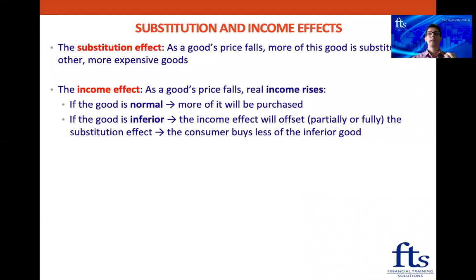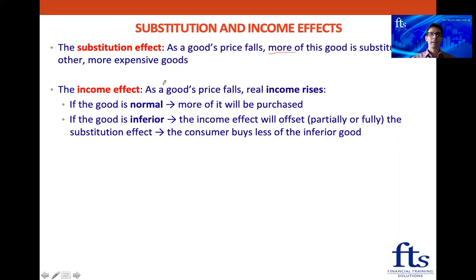Right. So now the last thing we need to check quickly is the substitution and the income effects. The substitution effect states that as a good's price falls, we want more of it, so more of this good is substituted for other more expensive goods. That's quite easy.